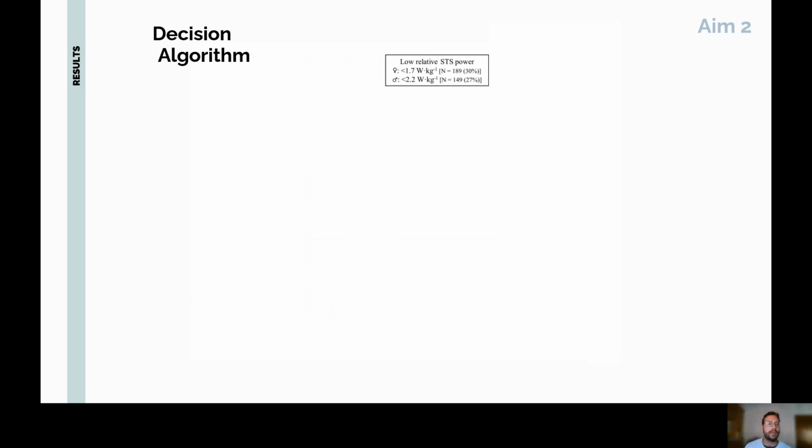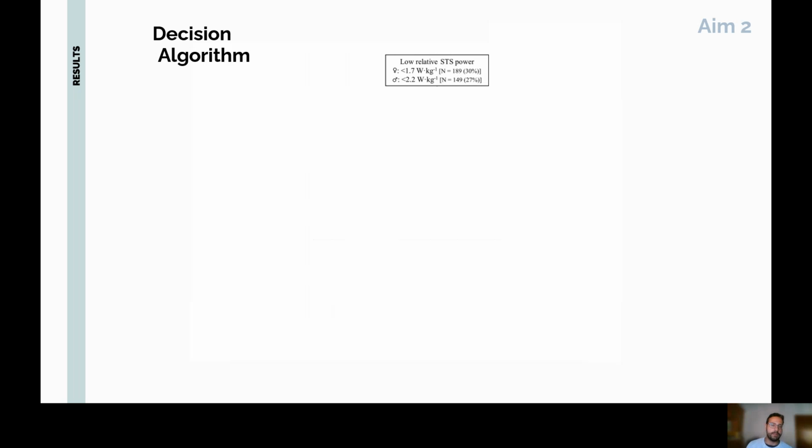Finally, I will present a decision algorithm for the clinical setting in which, first of all, we analyze a low relative STS power, and if this is below the cutoff values that we present in our paper, there is no specific intervention needed.